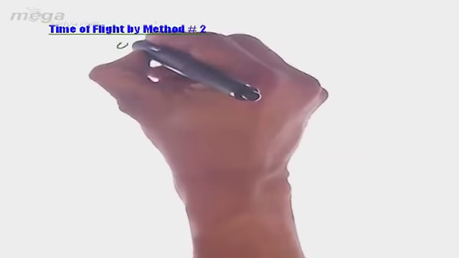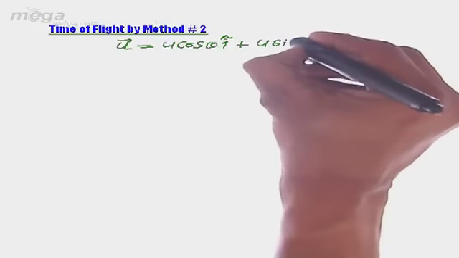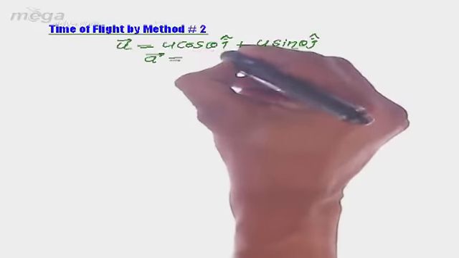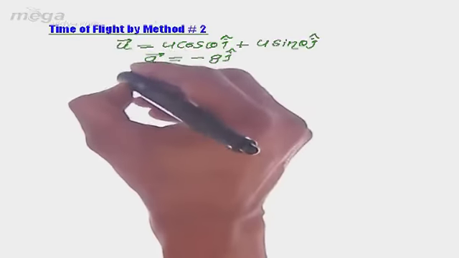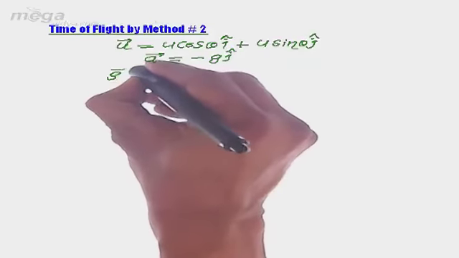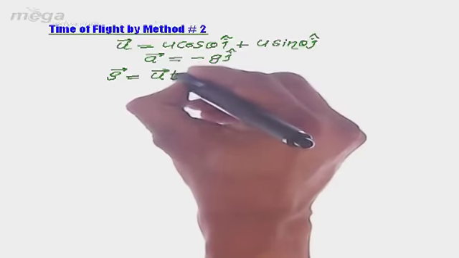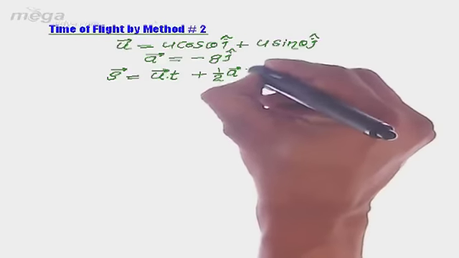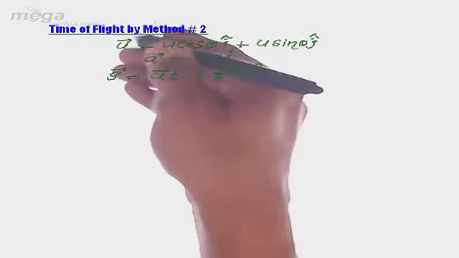So I am writing it: u cos theta i cap plus u sin theta j cap, and acceleration a equal to minus g j cap directly. Now the equation which I have to use here is displacement of the particle equal to initial velocity vector into time t plus half acceleration vector into time squared.